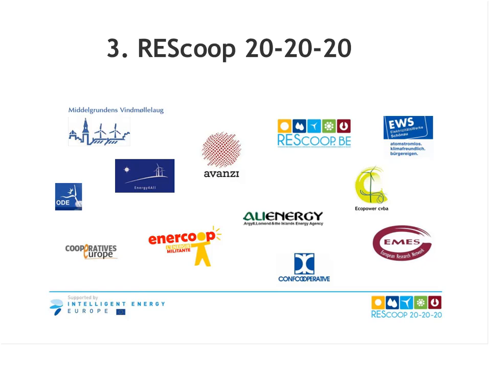We have partners from Scotland, Italy, France. We have an academic partner, EMES. Their focus is on social economy and cooperatives. And we also have the European branch of the International Cooperative Alliance among our project members.